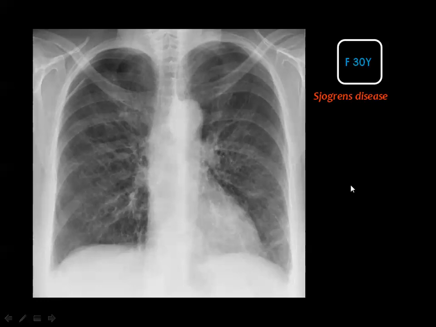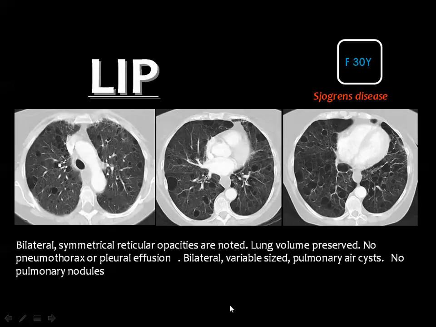I will repeat that you cannot appreciate that you are dealing with cystic pattern of diffuse lung disease from the plain X-ray of the chest. Only you feel that you are dealing with a reticular pattern, and you may feel also some cystic changes, but the high resolution CT is diagnostic in this particular domain.